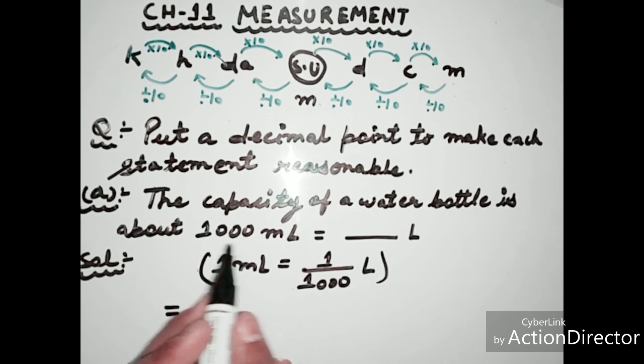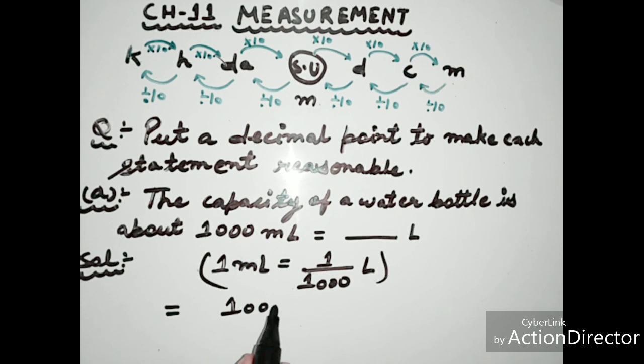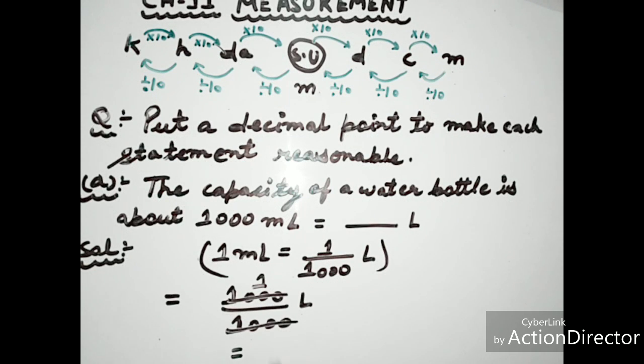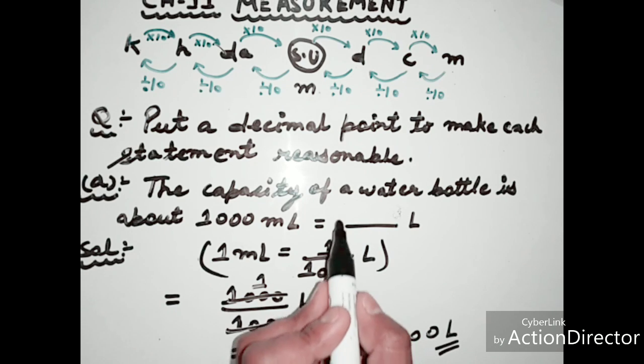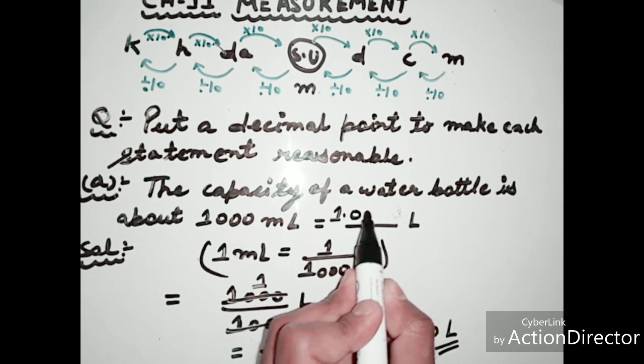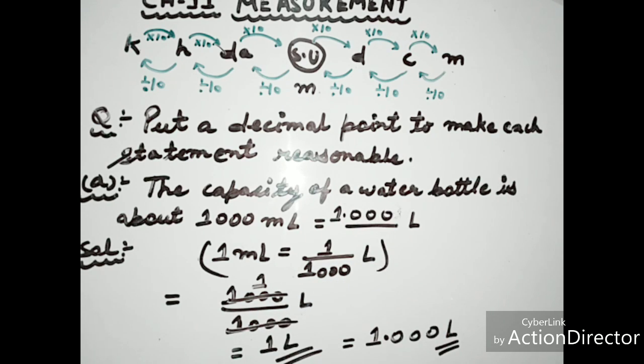So here we divide 1000 milliliter by 1000. 1000 cancels out by 1000 in one time, so we get 1 liter. We also put decimal before 3 zeros and write 1.000 liter.